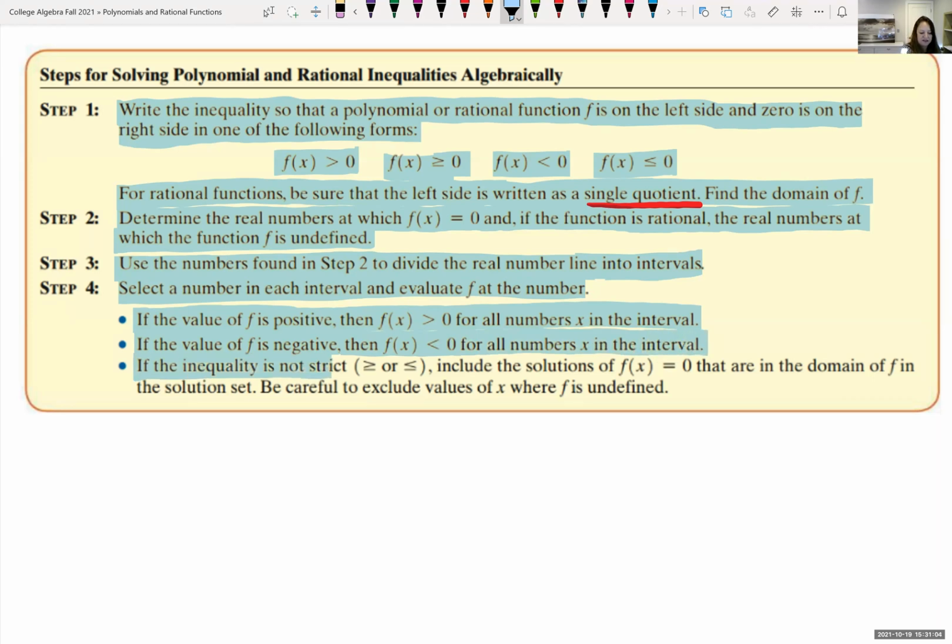And if the inequality is not strict, like less than or equal to or greater than or equal to, then we want to include the values which set our function f of x equal to 0 that are in our domain of f in the solution set. So we're going to be careful. We need to exclude values, if we have greater than or equal to or less than or equal to, which give us vertical asymptotes. So be careful to exclude values of x where it's undefined.